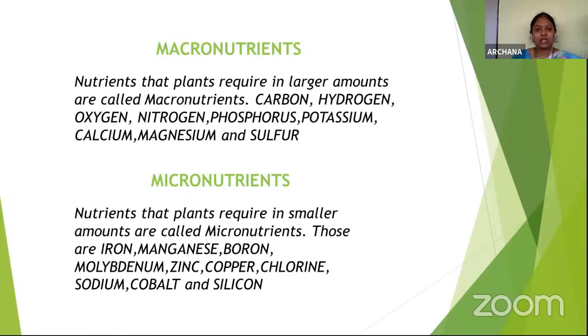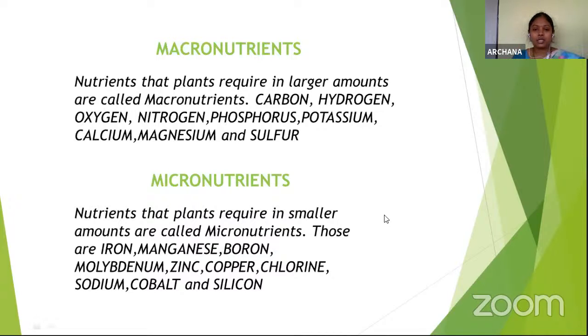Now first we'll see macronutrients. Macro means large. So nutrients that are taken by plants in larger amounts are called macronutrients. There are mainly 9 macronutrients, and those are carbon, hydrogen, oxygen, nitrogen, phosphorus, potassium, calcium, magnesium, and sulfur.